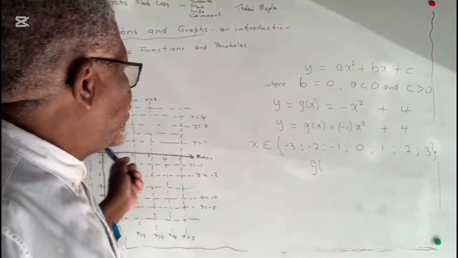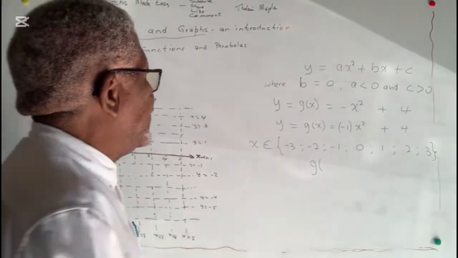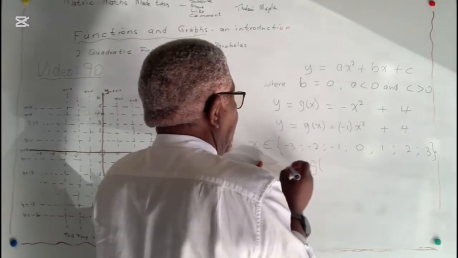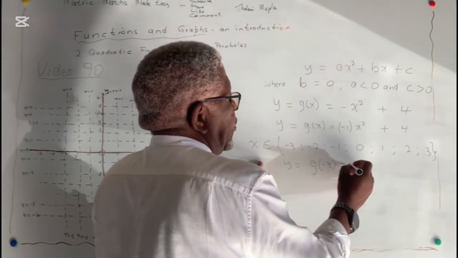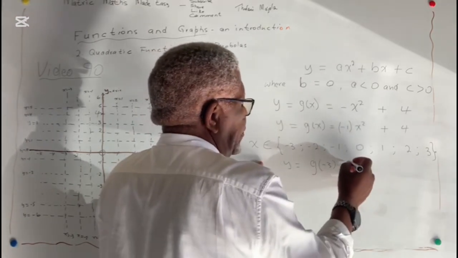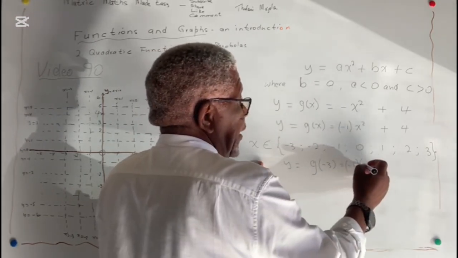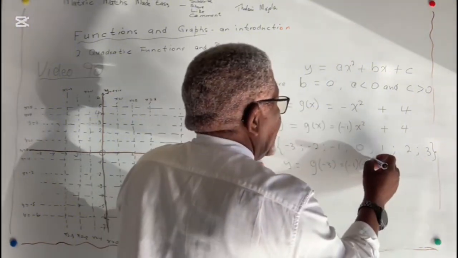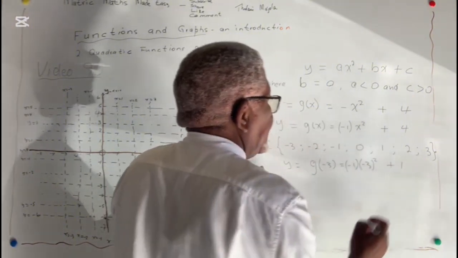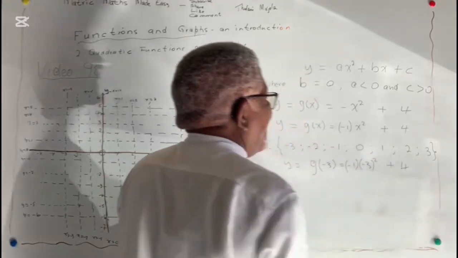So now when you do a substitution, when x is negative 3, we've got y equal to g of negative 3, which is equal to negative 1, brackets, and then this negative 3 also in brackets, because it's x, but it's squared, plus 4.